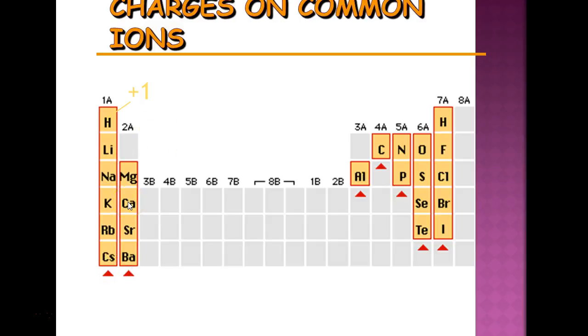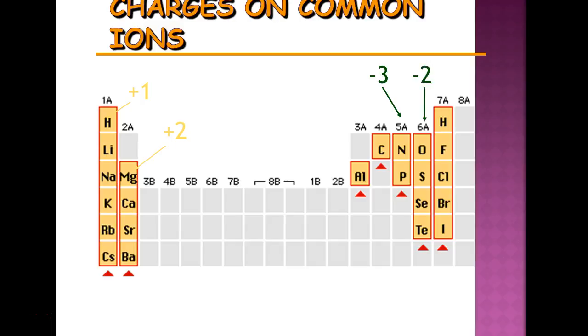Elements in the 2A column, they always lose 2 electrons to become stable, so those are a +2 charge.